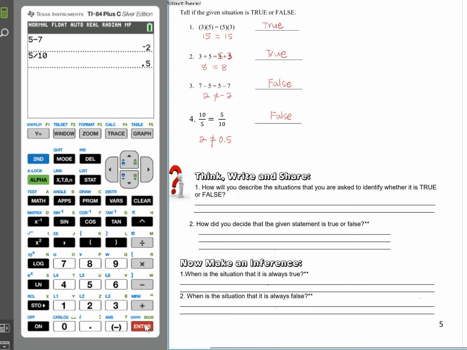Number 1, how will you describe the situations that you are asked to identify whether it is true or false?